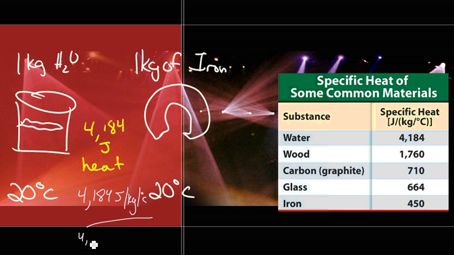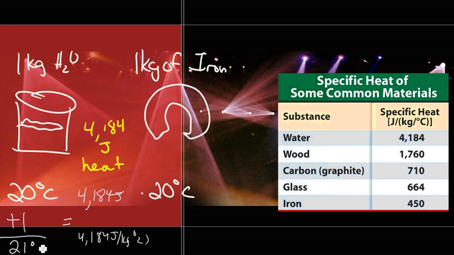We divide the heat, 4,184 joules, by that. When we get 1 kilogram of that substance, it'll actually be equal to 1. So we increase the temperature of the water by 1 degree if we add 4,184 joules.